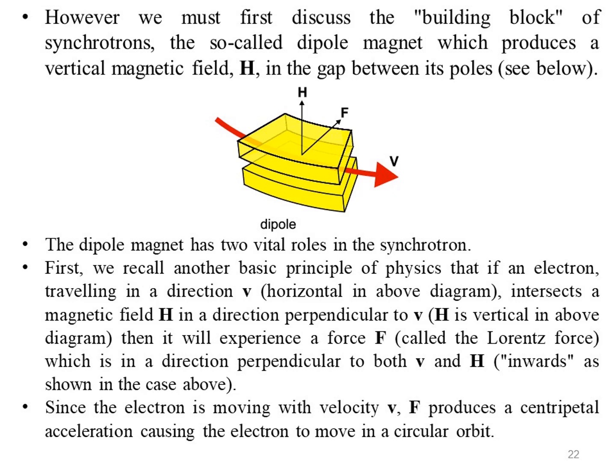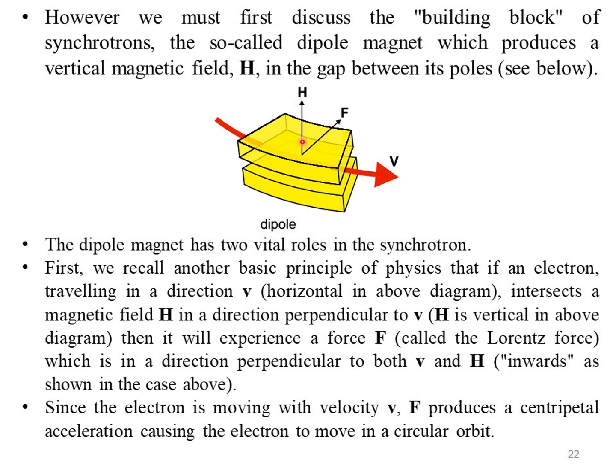First, we recall another basic principle of physics: if an electron traveling in a direction v, which is horizontal in the above diagram, intersects a magnetic field H in a direction perpendicular to v, H being vertical in this diagram, then it will experience a force F, which is called the Lorentz force, in a direction perpendicular to both v and H, inwards as in this diagram.